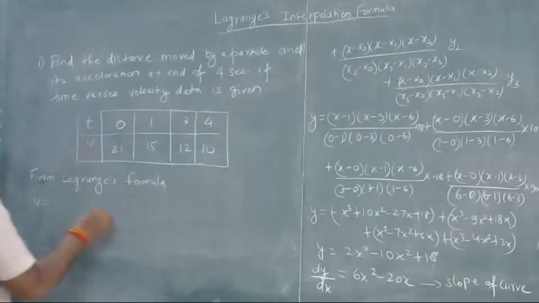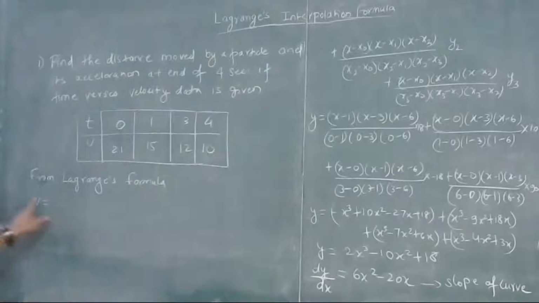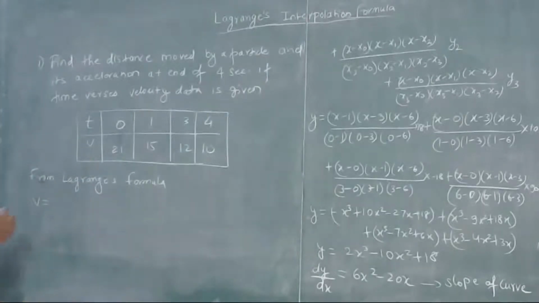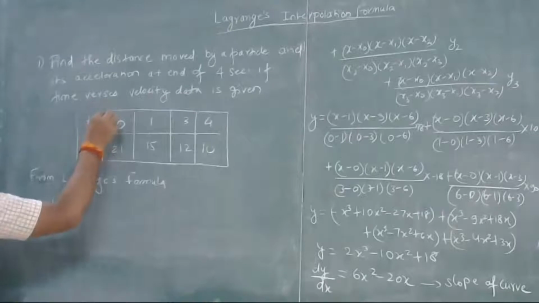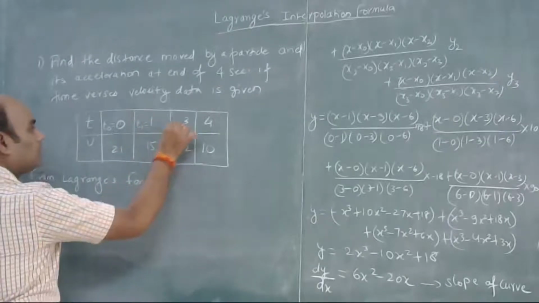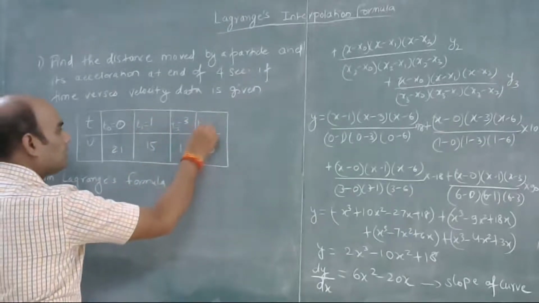So first we have to find the equation of v in terms of time t. Okay. So v is equal to, this will be t minus t1. This is t0, this will be t1, this is t2, and this is t3.